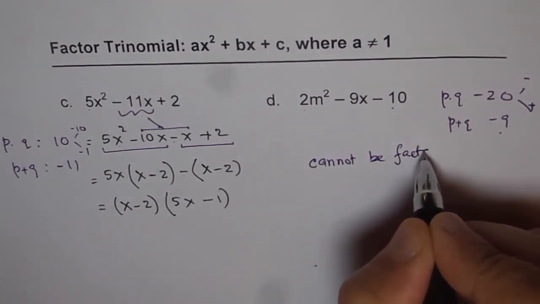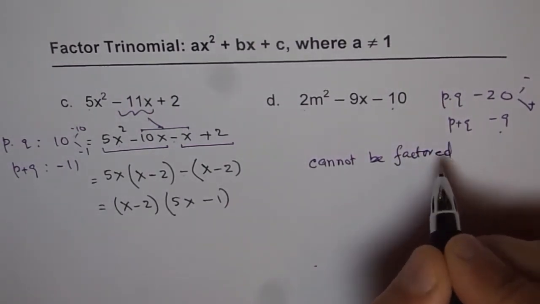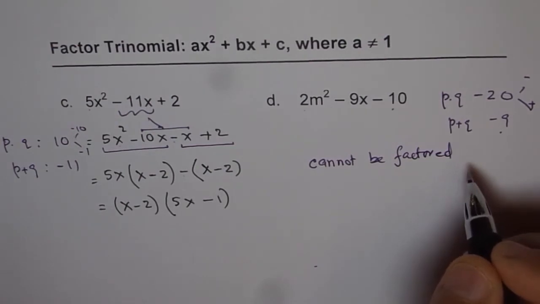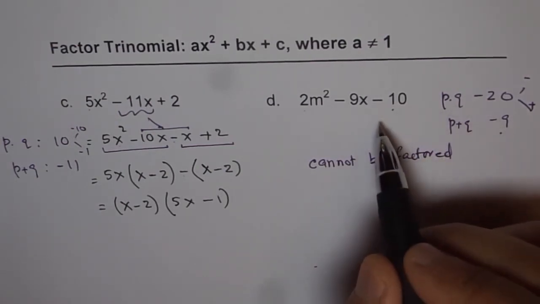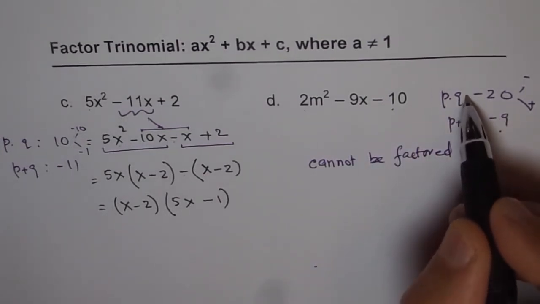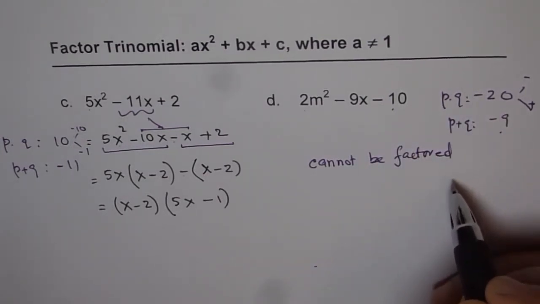So it is not necessary that you can factor each and every trinomial, but to factor it, you should have a combination as we are discussing in this set of videos, right?